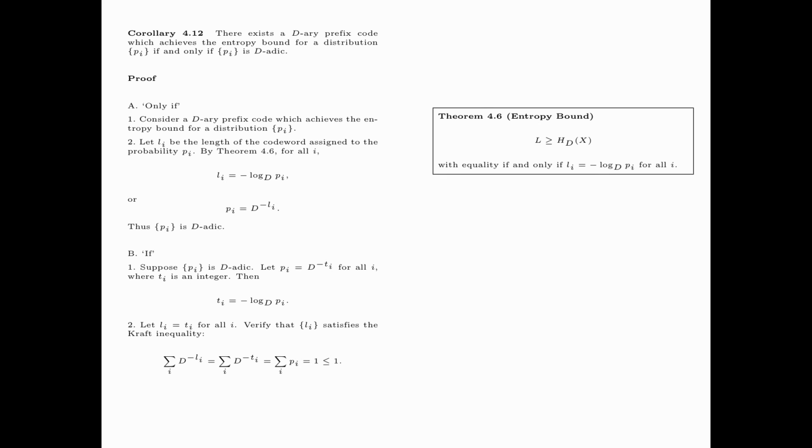Consider the summation over i of d to the power minus Li, which equals the summation over i of d to the power minus t_i, because Li is equal to t_i. Now d to the power minus t_i is equal to p_i. Now the summation over i of p_i is simply equal to 1, and it is less than or equal to 1. Therefore, the Kraft inequality is satisfied.